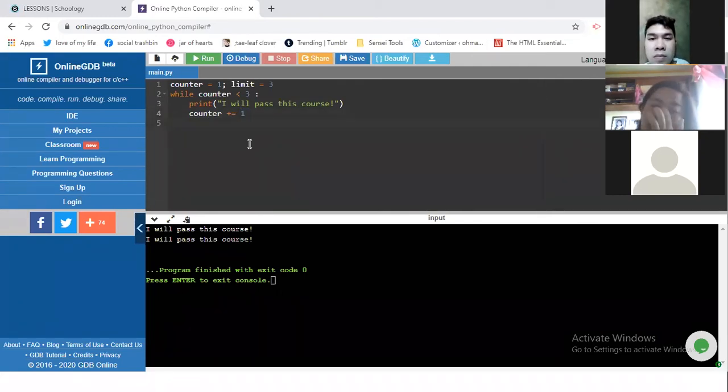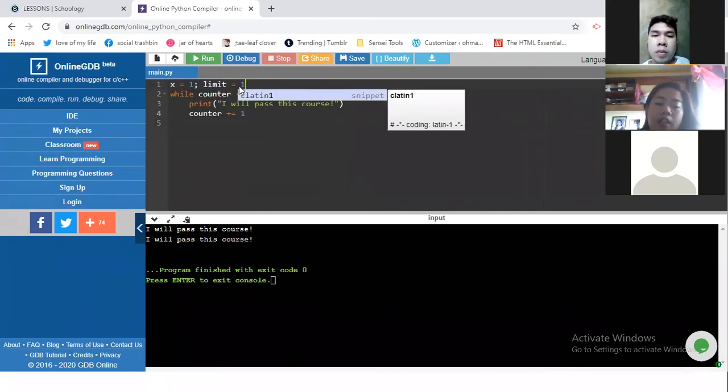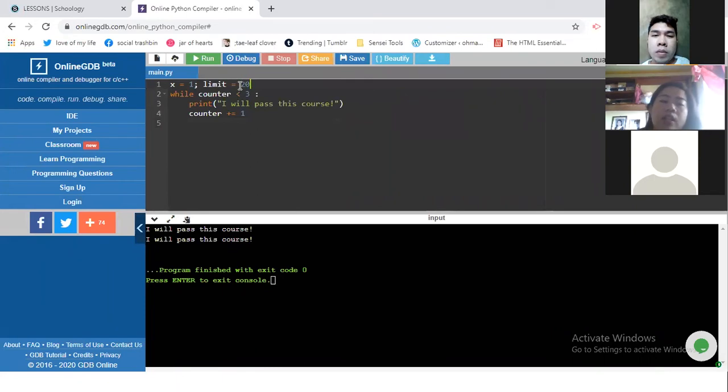Okay? So, halimbawa, kailan naiiba yung counter? Kapag kailangan kong mag-print ng even numbers, hindi plus 1 yung mag-ano. Halimbawa, print counter. Limit is 10.